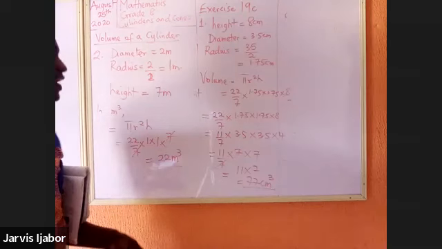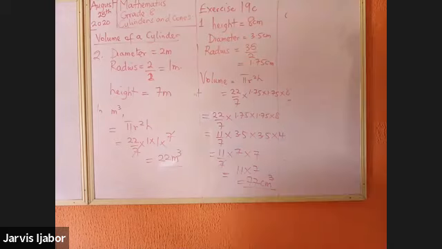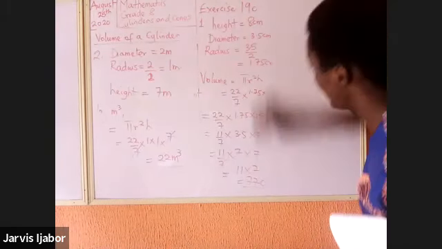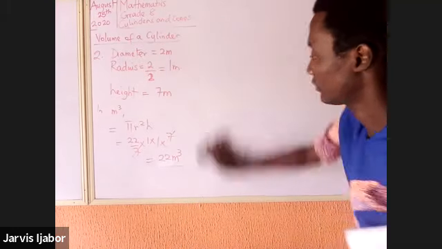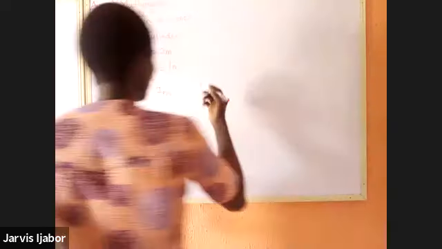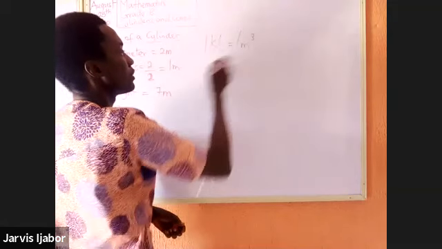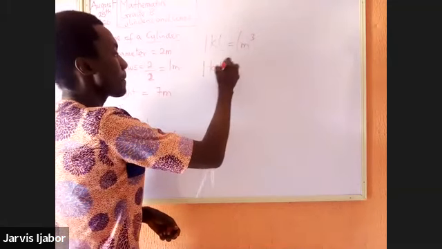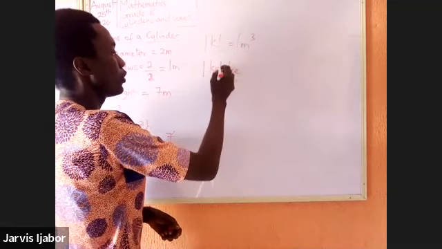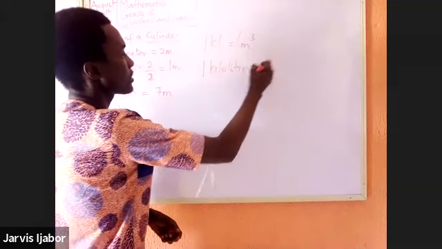I'll just give you that interpretation, and then I will trust that you'll be able to continue from there. 1 kiloliter is equal to 1 meter cube.